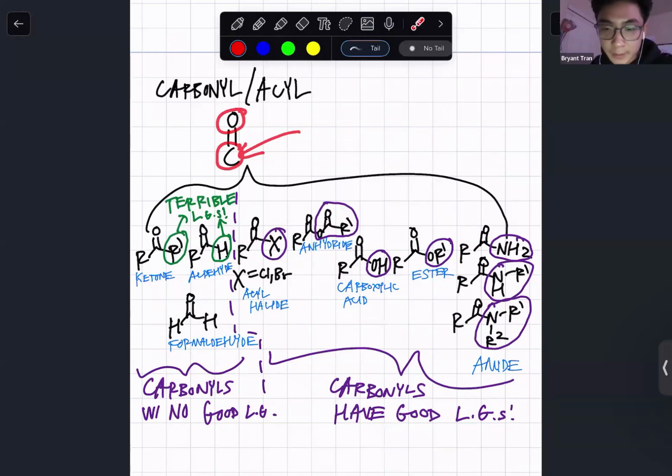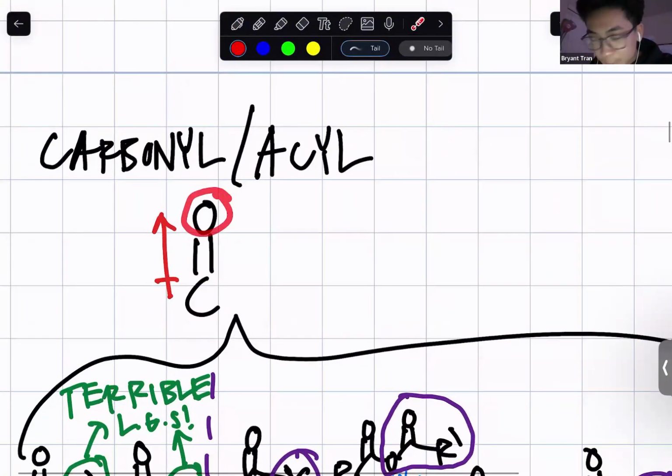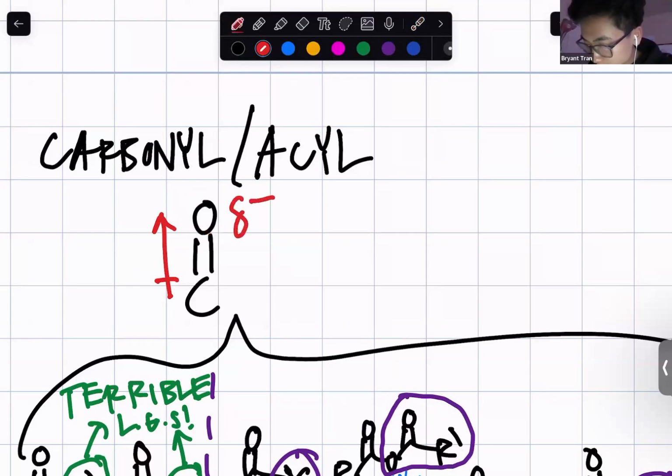Yep, oxygen is more electronegative than carbon. So it's going to withdraw electrons from carbon naturally because it has a stronger pull on the electrons, right? As oxygen gains more electrons, it gains more negative charge, because electrons are negatively charged. As this carbon loses electrons, it loses negative charge, becoming partial positive.